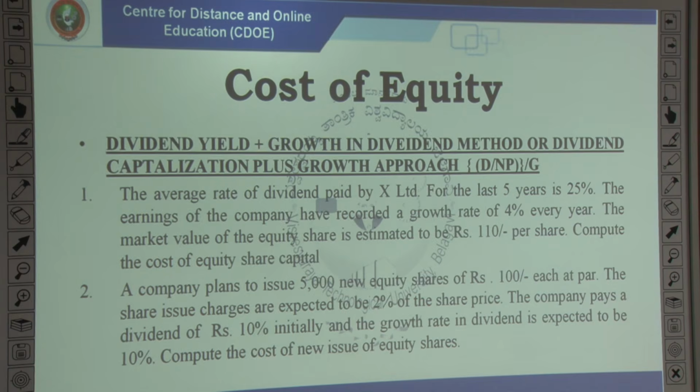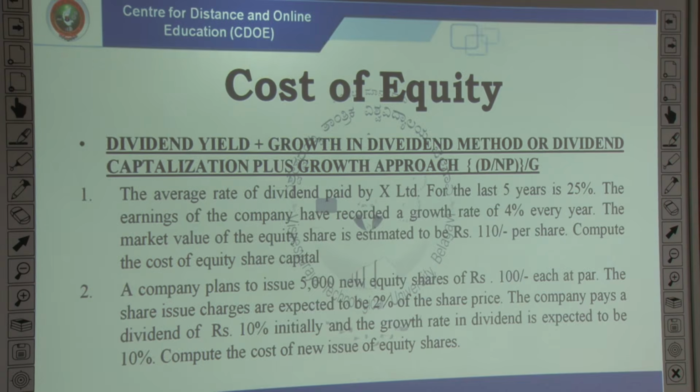Next, we don't have a current market price, instead we have net proceeds. Face value 100 minus 2% of 100, which is 2 rupees, so 98 rupees is your net proceeds. So the dividend is 10 rupees divided by 98, plus the growth rate 0.10 into 100. The cost of equity is 20.20.